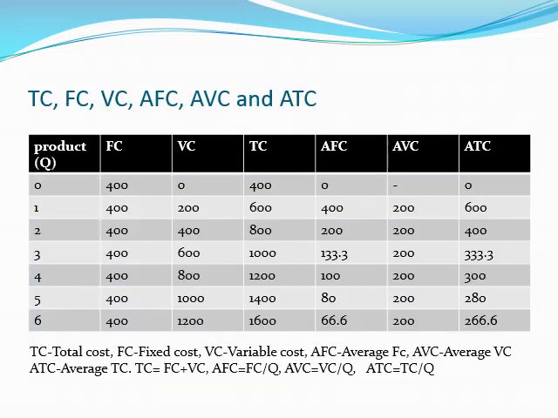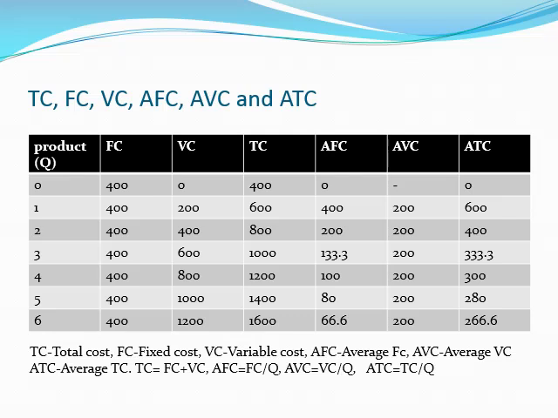Given the table where Q stands for product, FC stands for fixed cost, VC stands for variable cost, TC stands for total cost, AFC stands for average fixed cost, AVC stands for average variable cost, and ATC stands for average total cost.